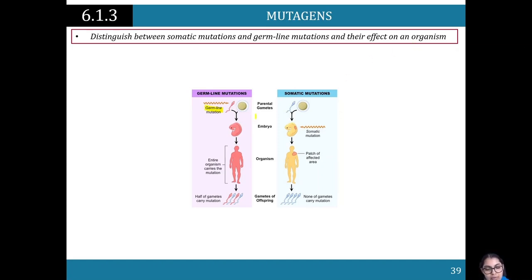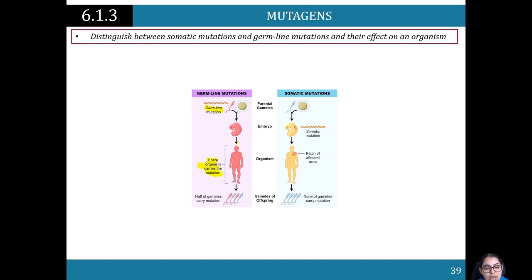For example, these are the parental gametes. They're going to fertilize. Let's say there's a trait that's carried in the mother's chromosomes here, in the egg, and so when fertilization occurs, there's an embryo, and the entire organism is going to carry that mutation.